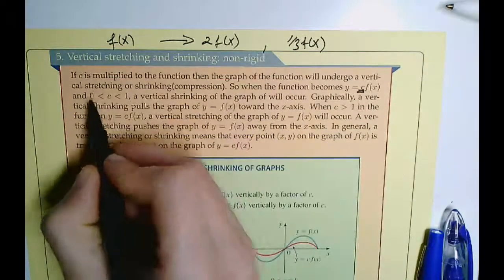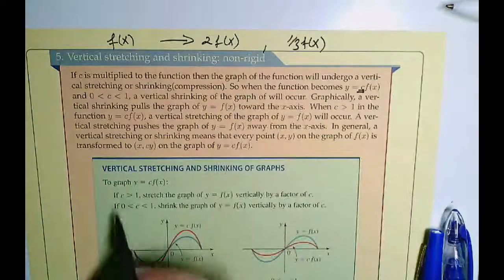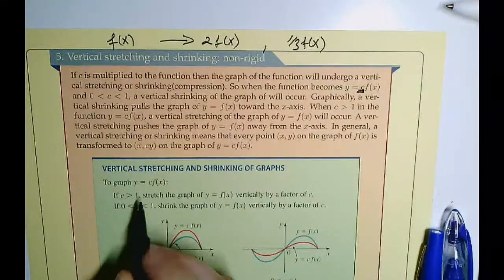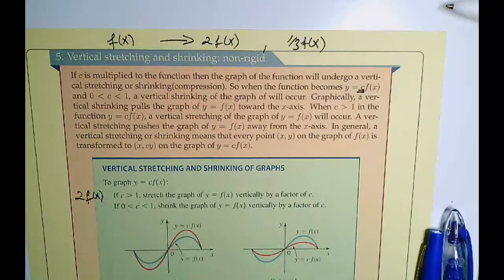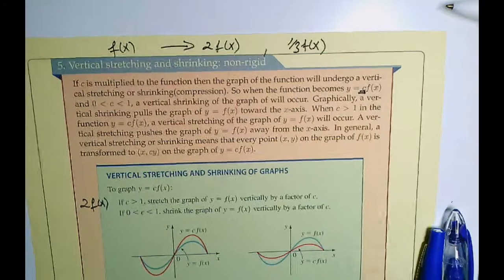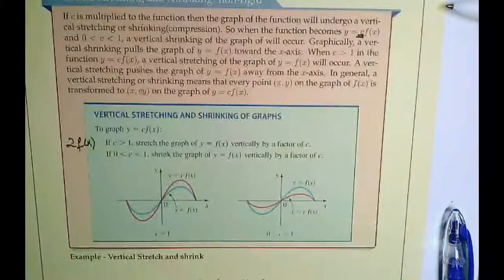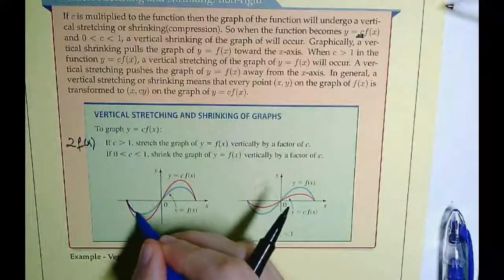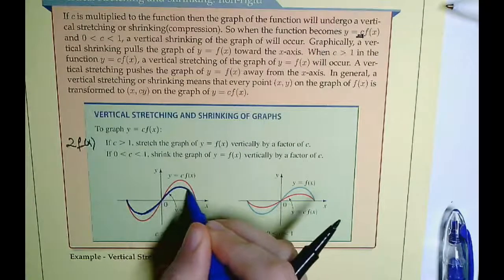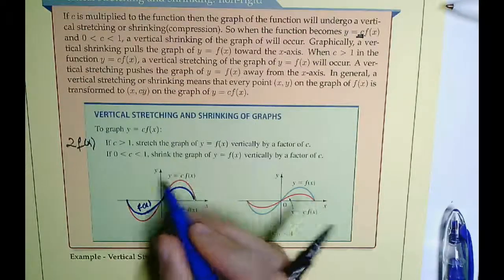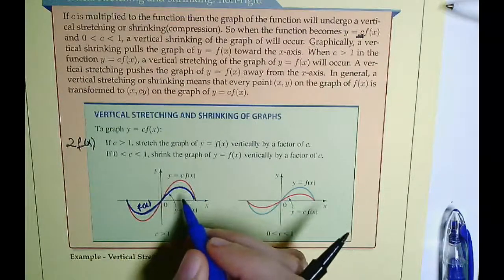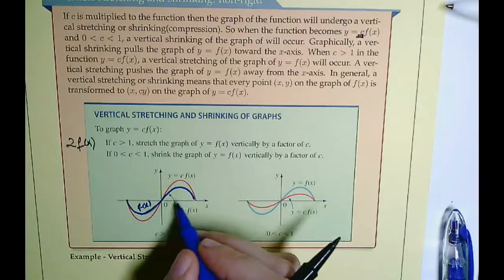When you have a constant c greater than 1, so if you have like 2 times f of x, your original graph is this blue one. So this is f of x, and you want to graph, let's say, 2 times f of x. 2 times f of x is going to stretch the graph.